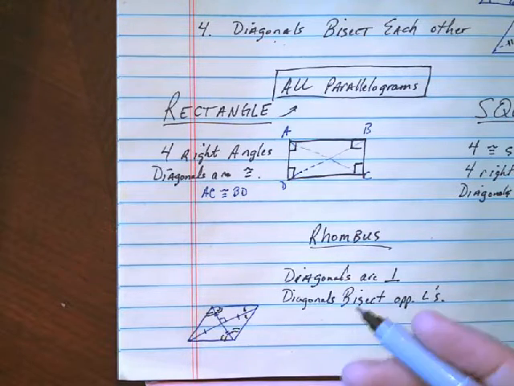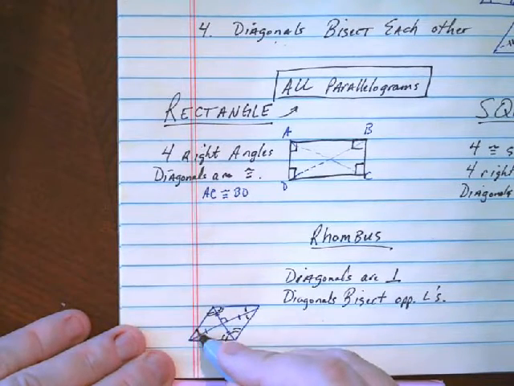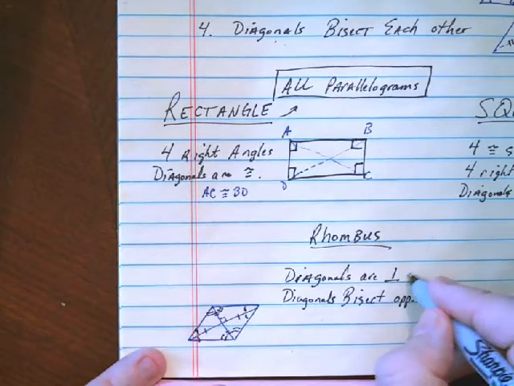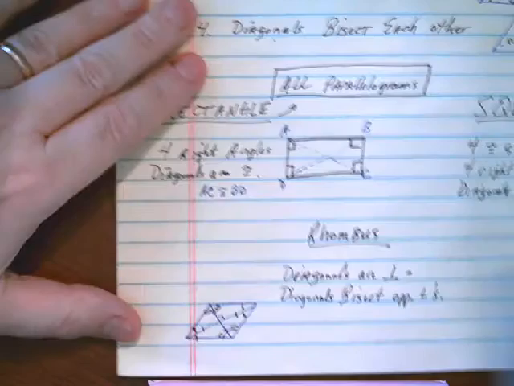And since the opposite angles are congruent, that makes this angle and that angle congruent. So that's a rhombus. What's mostly unique about a rhombus? The diagonals are perpendicular.